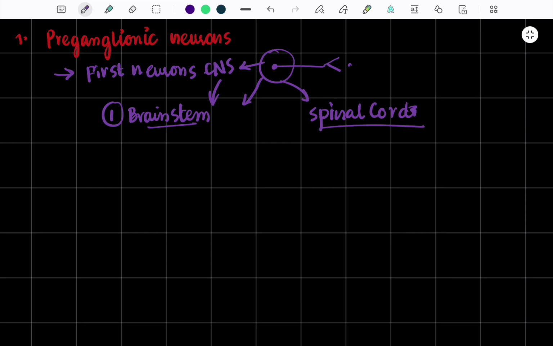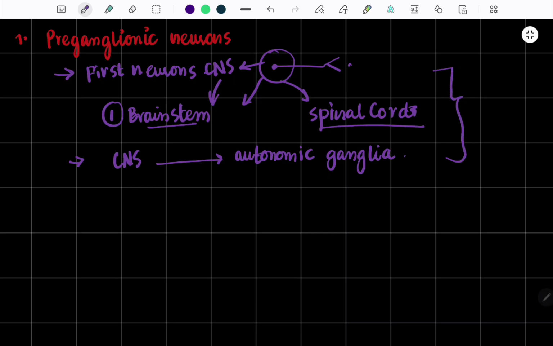And what is the basic function of preganglionic neurons? That is to carry the impulse from the CNS to autonomic ganglia, right? This is the basic information about preganglionic neurons that you have to remember. And after that, you also have to remember that the preganglionic neurons are present in both systems, the sympathetic nervous system, which we are going to discuss later, and the parasympathetic nervous system.